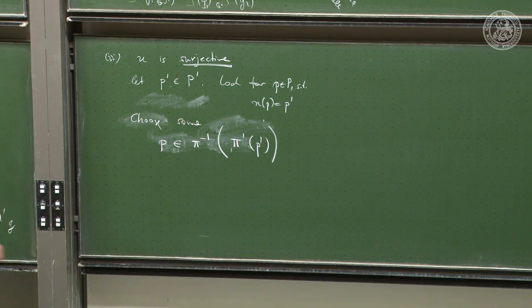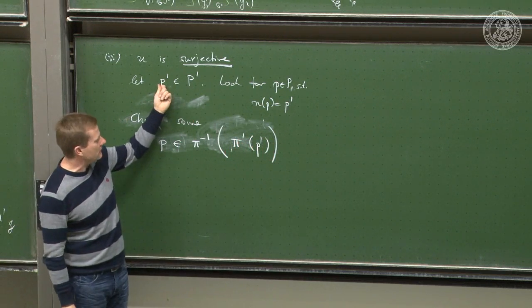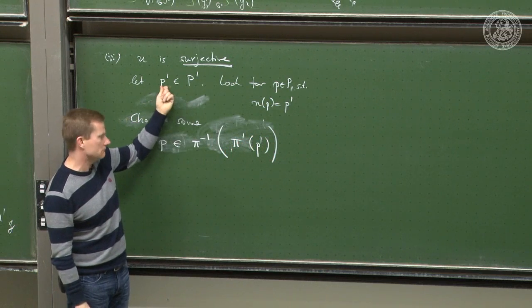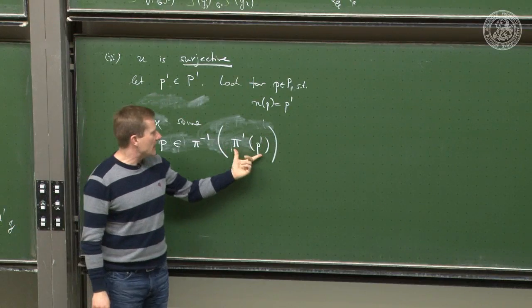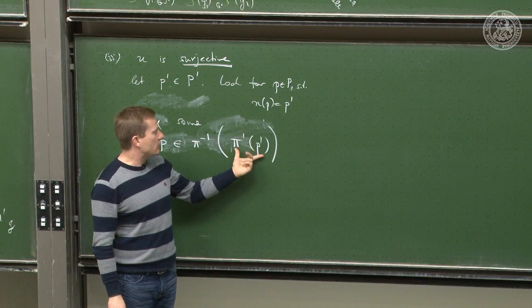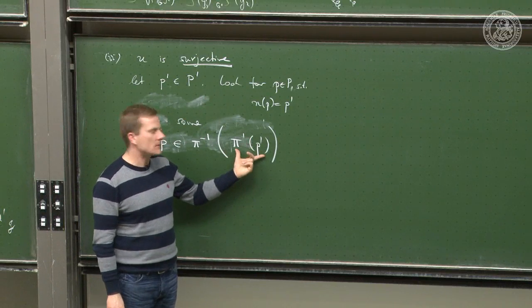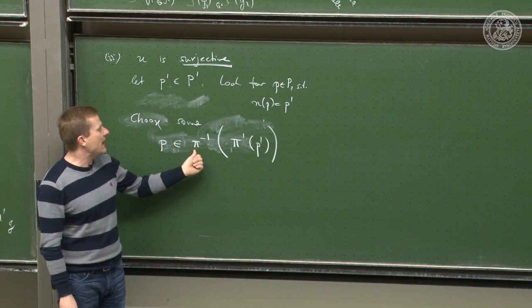So I start with an arbitrary point P prime in P prime. Then I project that point down to the base. And then I look at the fiber over that.